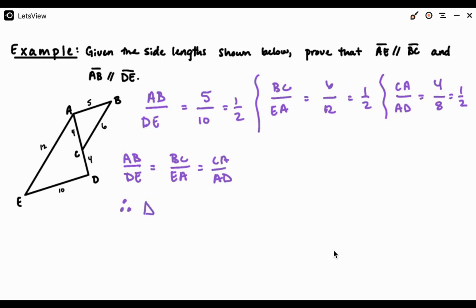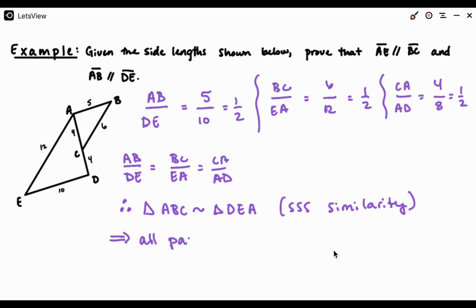So triangle ABC is similar to triangle DEA by side-side-side similarity. From that we can conclude that all pairs of corresponding angles must be congruent.